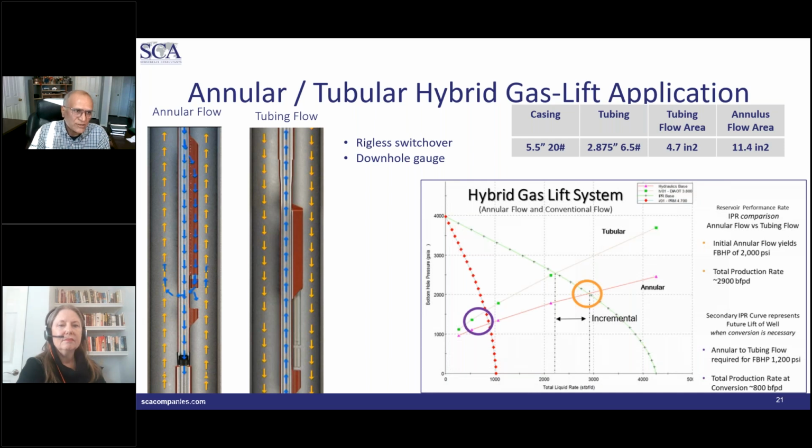But now some of the vendors are providing the ability to switch over from annular to tubular without pulling the tubing. So the cost, when you compare it with the ESP, is not as significant. Most of the cost on the gas lift is on the compression side, which is on the surface, right?